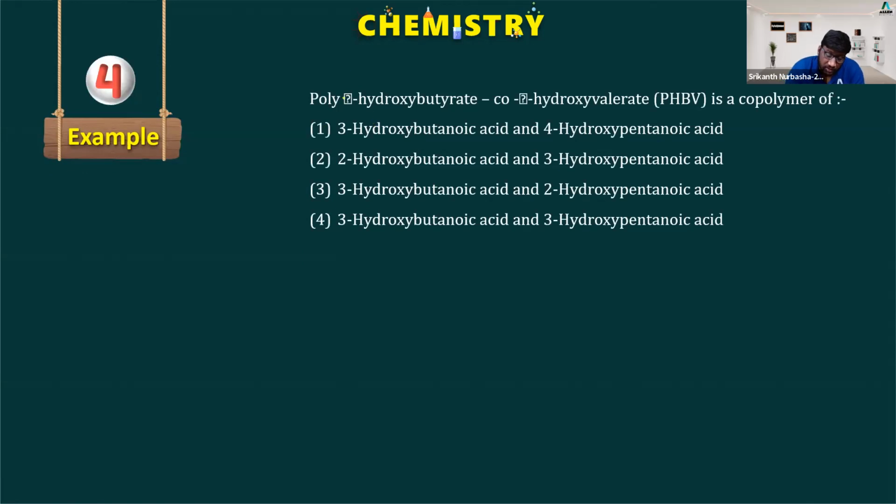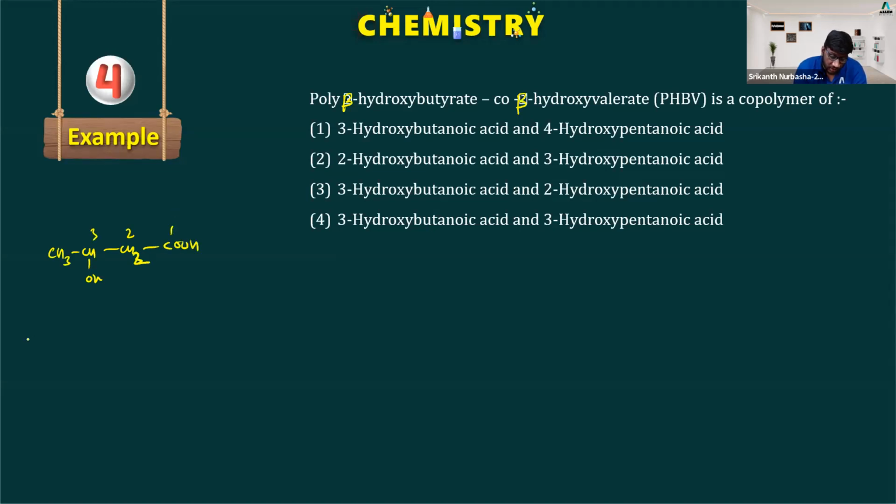Poly beta hydroxybutyrate co beta hydroxyvalerate, PHBV, is a copolymer of beta hydroxybutyric acid and beta hydroxyvaleric acid. The monomers are CH3CHOHCH2COOH and CH3CH2CHOHCH2COOH, numbering carbons 1, 2, 3.